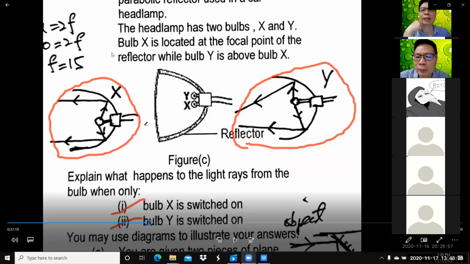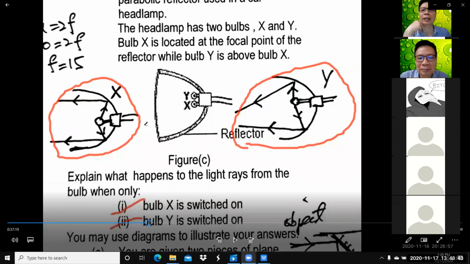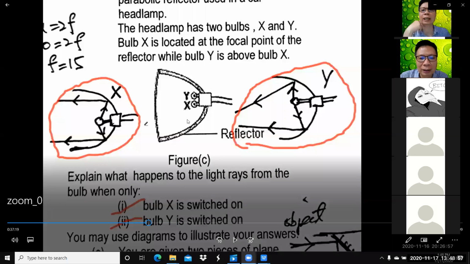Very good, but you read too fast. Can you read slowly now? One more time, slowly, okay? When bulb Y is switched on, the light is reflected on the road surface by the reflector. Light travels shorter distance, therefore only short distance is brightened. Thank you very much, Lachmi. I hope everyone got it already. All right, next.